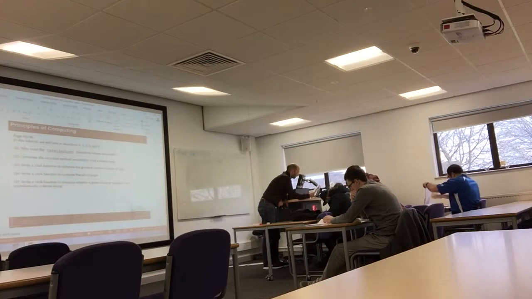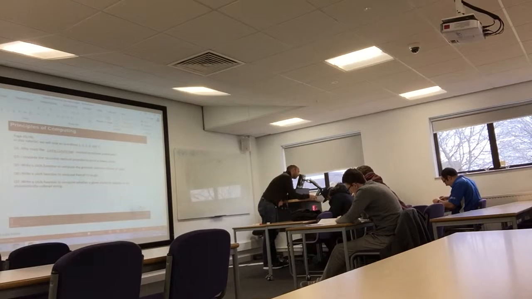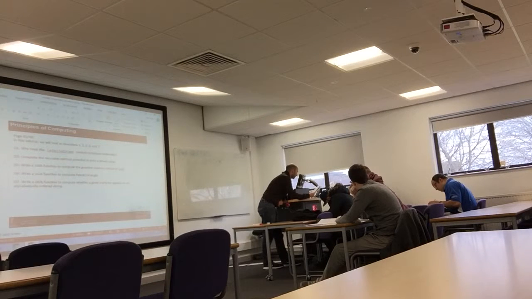n equals m times 2 plus r, where r equals 0 or 1, and m is n divided by 2. But bear in mind it's integer division. For instance, if n was equal to 5, then 5 divided by 2 is just 2.